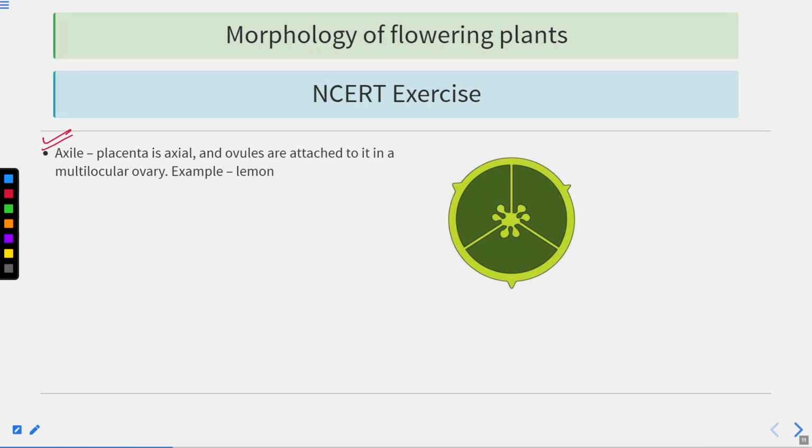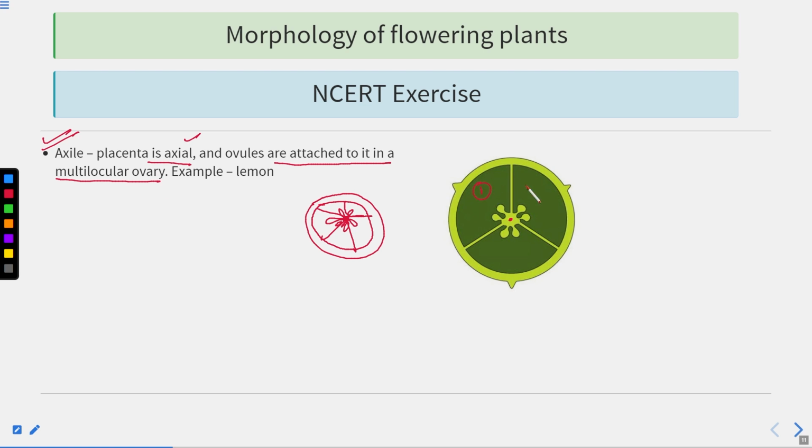Axial placentation. The placenta is axial. If you cut the ovary, this is how it looks, and the seeds are arranged like this. So the placenta is axial. This midpoint shows the axis of the ovary. The ovules are attached to it in a multilocular ovary.